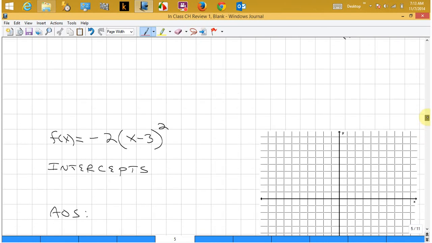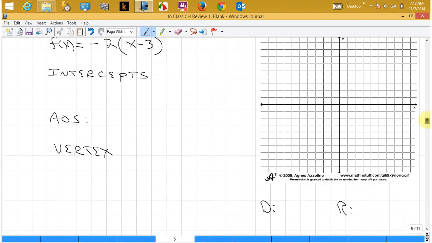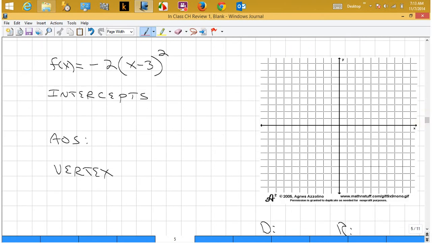Let me just cover this real quick on how to do it. I'm not going to plot it so that the video doesn't get any longer than it already is. If I would see this, I would just plot it in vertex form. I could plot it in intercept form by thinking of it like -2 times x minus 3, x minus 3.